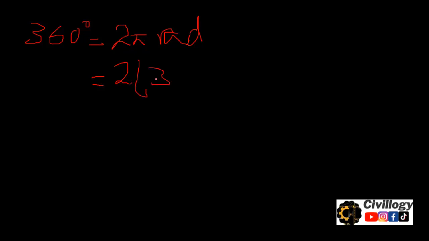Now, as I told you before, 360 degrees is equal to 2 pi radians. So 2 into 3.14 into the value of a radian, 57.3 degrees.